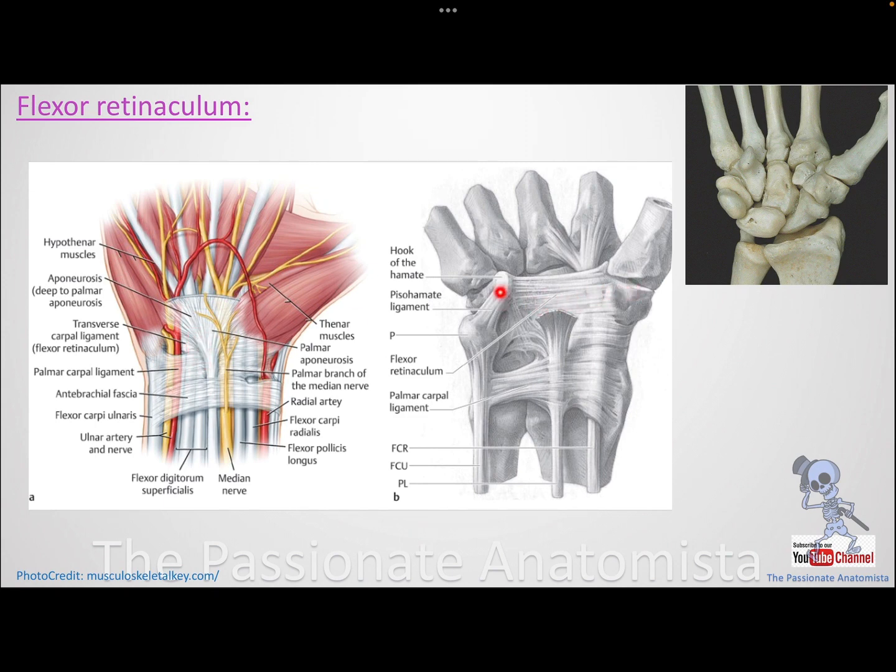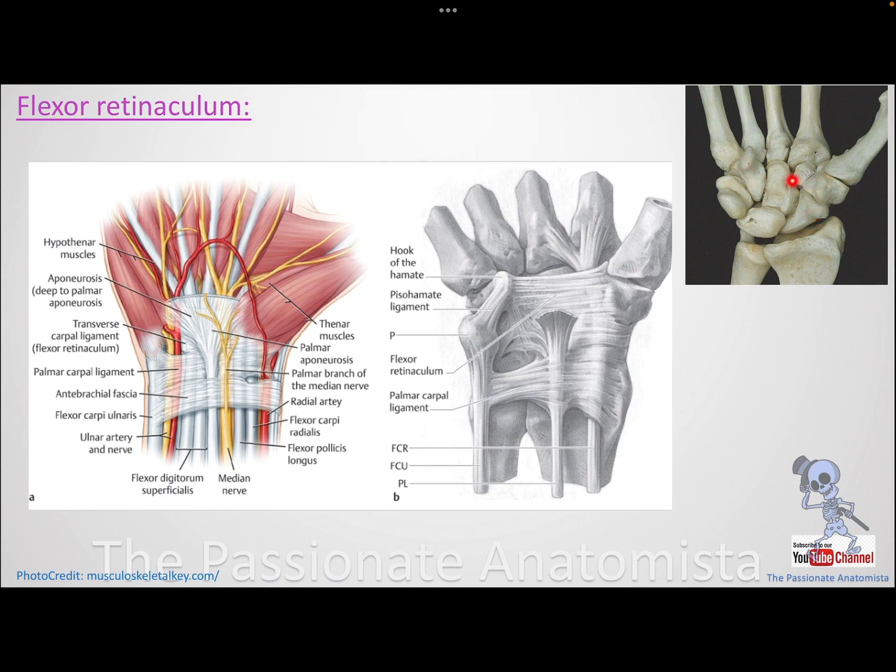The flexor retinaculum is connected to your medial bones and lateral bones. Remember our "she looks too pretty", okay? The "she" was the scaphoid. "Too pretty" was pisiform. So you have scaphoid, you have pisiform attaching the flexor retinaculum. And "try to catch her": trapezium. "Her" was hook of hamate.